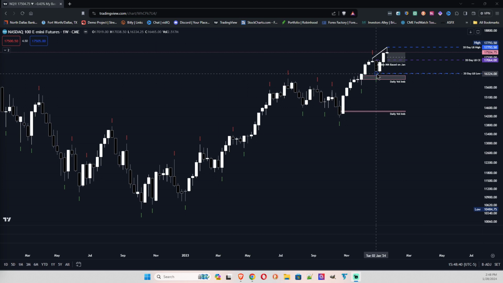So I've marked the low and the high of the previous 4 weeks, which is my 20-day look back low and my 20-day look back high. And then I also made a 50% line in purple there, which would be the constant encroachment, just half in the middle. Please ignore these for right now because they are based on a daily chart, which I'm about to show you.